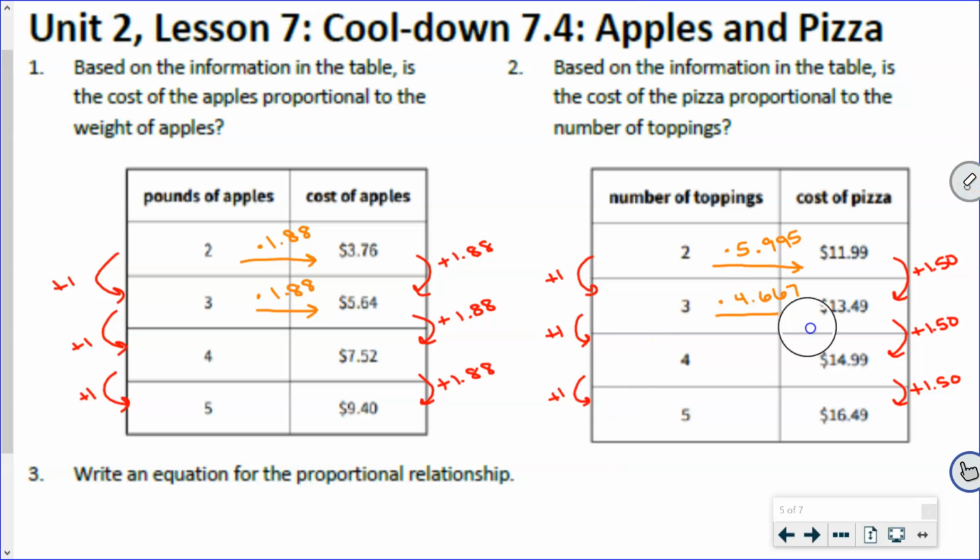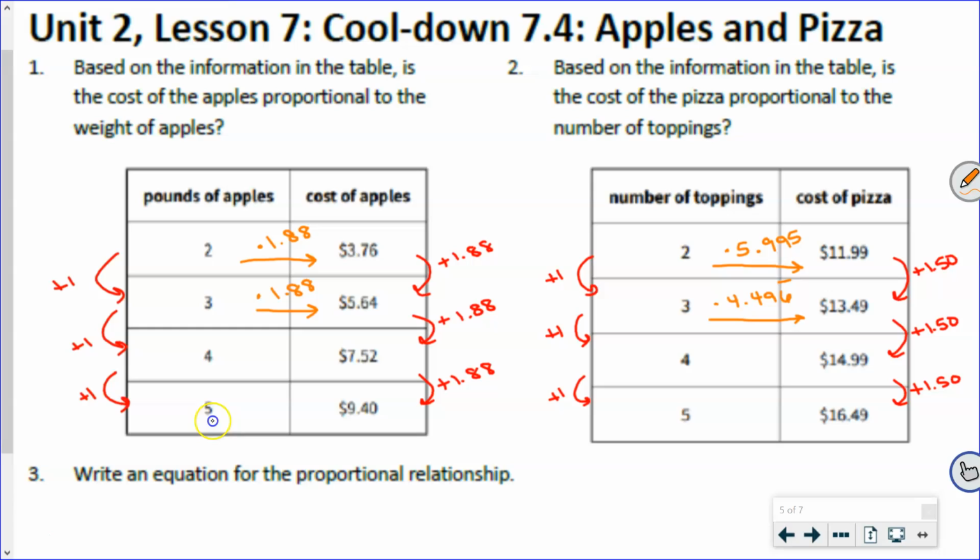Oh, 4.6, 4.6, 4.7. 4.6 repeating? Okay, I'll calculate it myself. Y'all are killing me. 13.49 divided by 3 is equal to 4.496 repeating. Are we multiplying by the same thing as we go across?